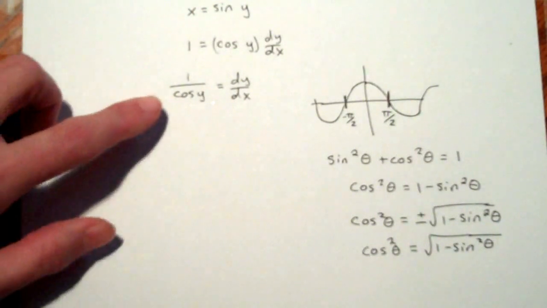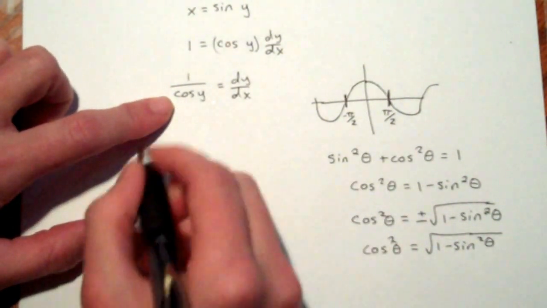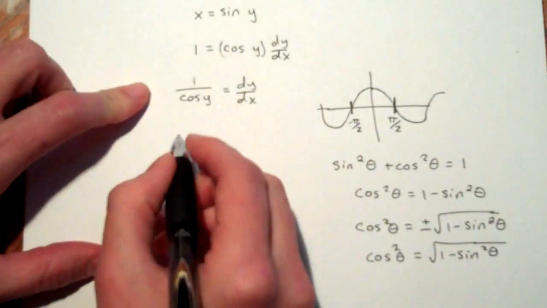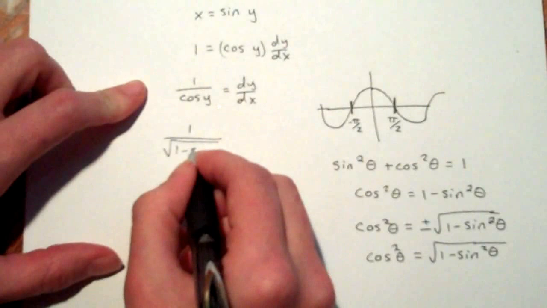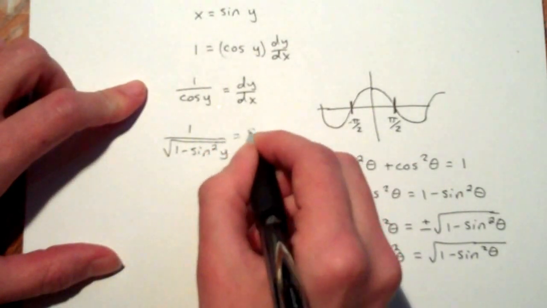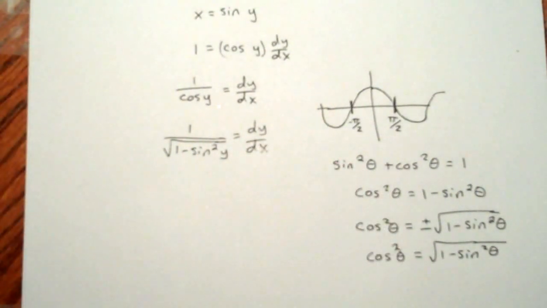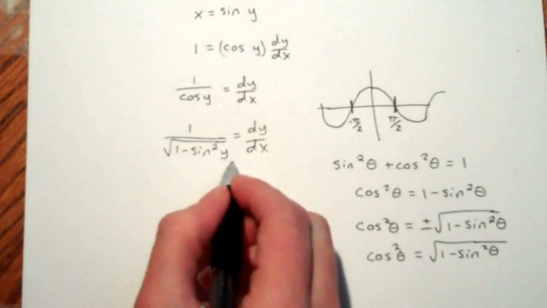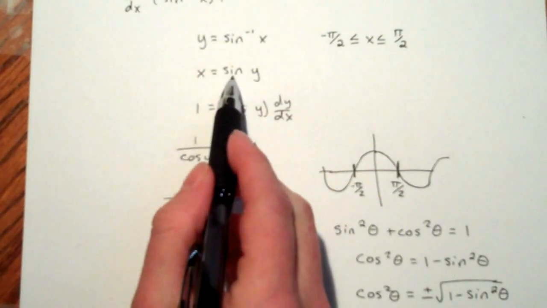Alright, so back up here, I can replace that cosine of y with this square root. So we've got 1 over the square root of 1 minus sine squared y equals dy dx. That's not the derivative though, there's one last step that we have to take. So sine squared y, if I remember all the way back to the beginning of my problem, x equals sine y.